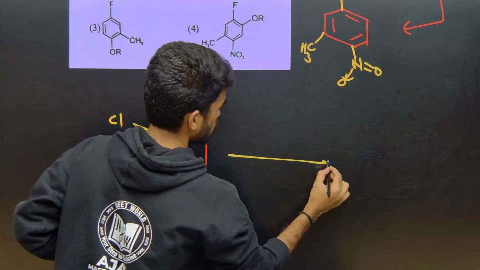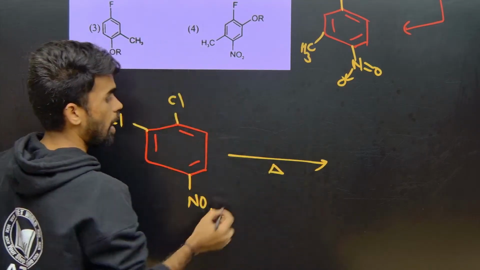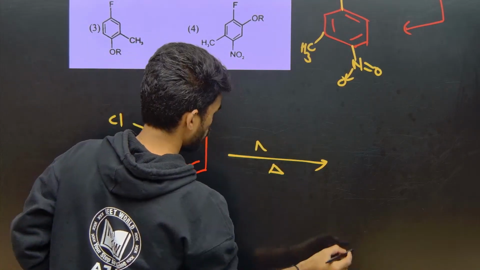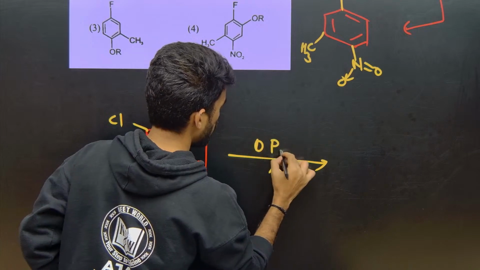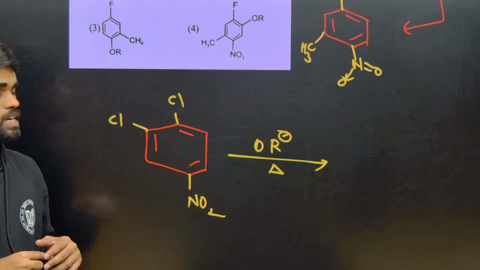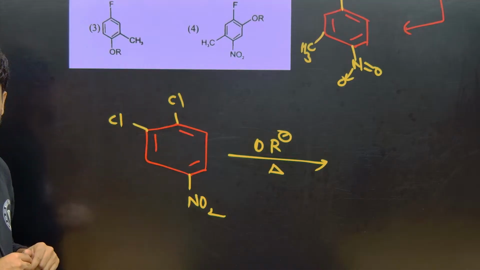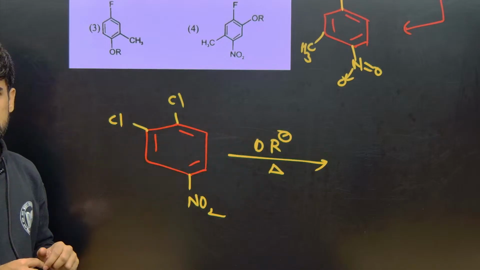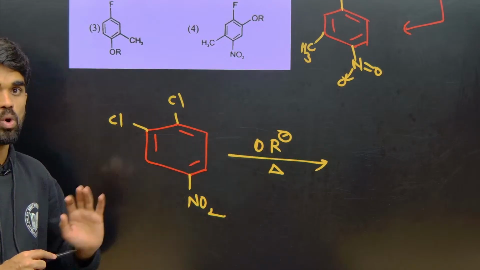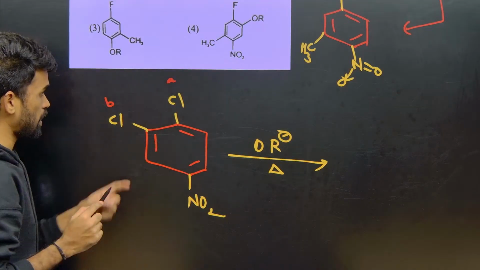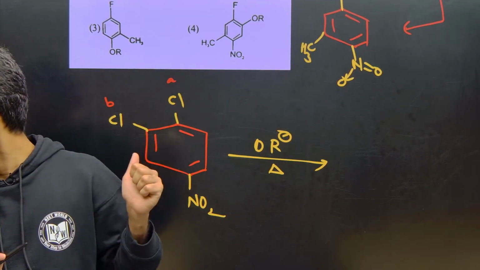Okay, so high temperature, and here I am mentioning some nucleophile like OR minus itself, OR minus. Tell me where the reaction takes place, which chlorine will be displaced out of these two, which will be substituted by this OR minus, either this A chlorine or B chlorine. So tell me A or B in the comment box for this question.